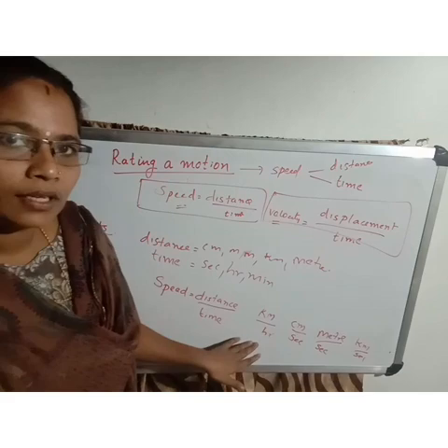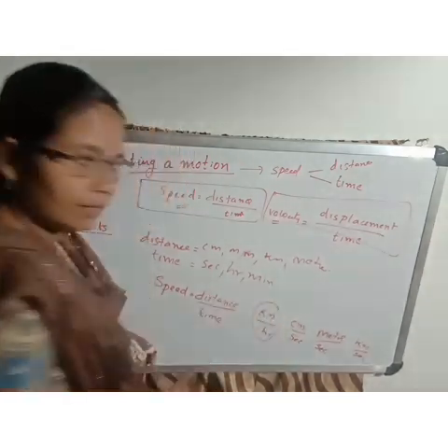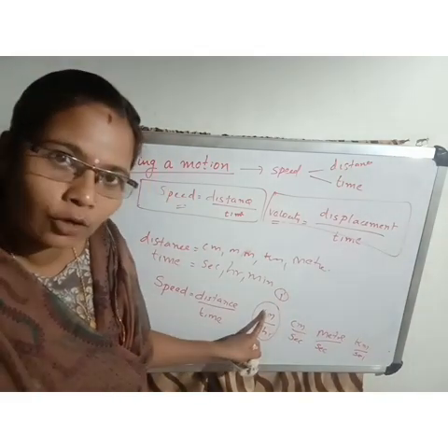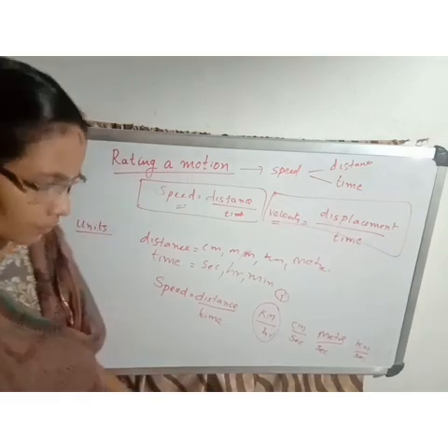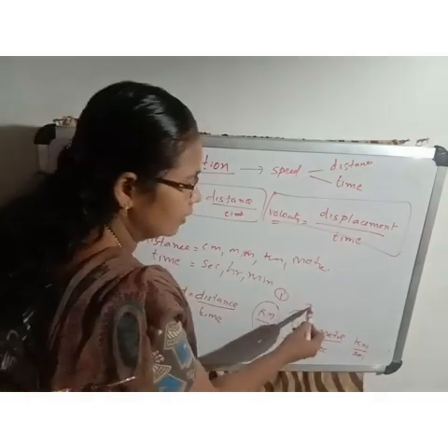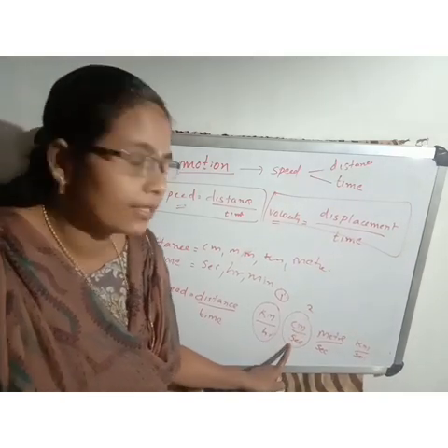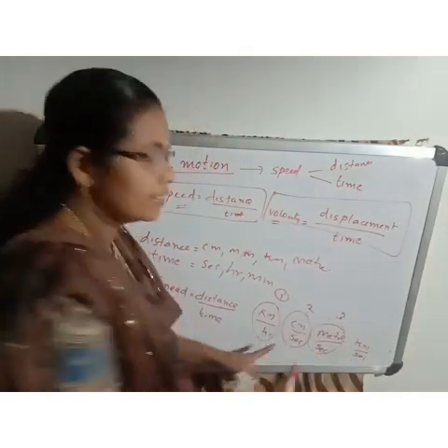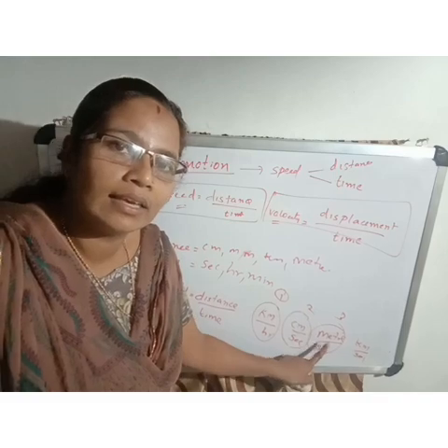In the first case, distance is taken in kilometer and time in hour. In the second case, distance is measured in centimeter and time in second. In the third case, distance is taken in meter and time in second.